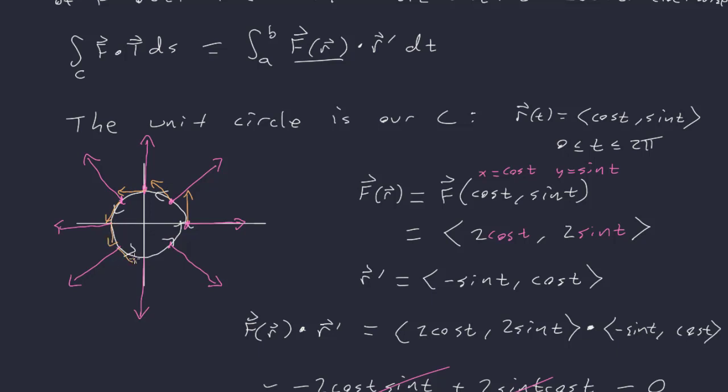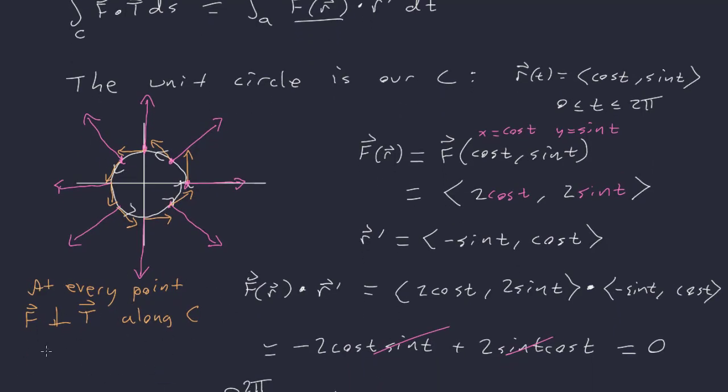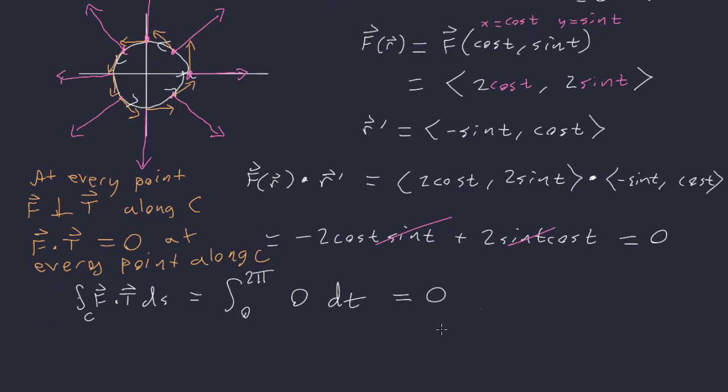I'm not drawing it super well, but at every point, F is perpendicular to T along C. Which means that F dot T is going to be 0 at every point along C, and that's why we get 0 here for the line integral.